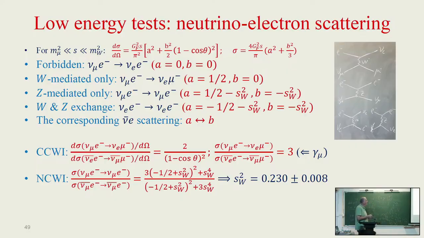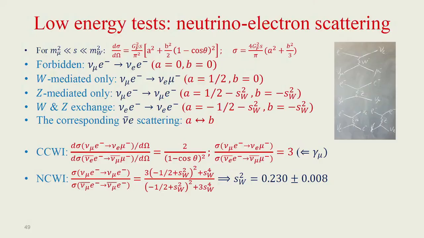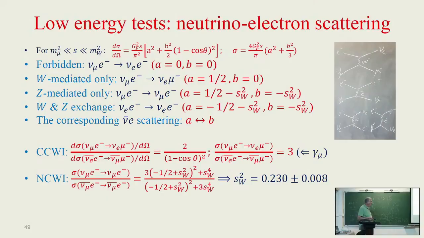Among them is a set of all kinds of neutrino and charged lepton scatterings which have been measured. For example, this ratio of 2 cross-sections, the fact that it should be 3, is a consequence of the fact that the mediator is a vector boson. So that's a proof that the mediator of these processes is a vector boson. And this ratio is yet another way to extract the value of sine squared theta weak, and again, consistent with all previous ones.